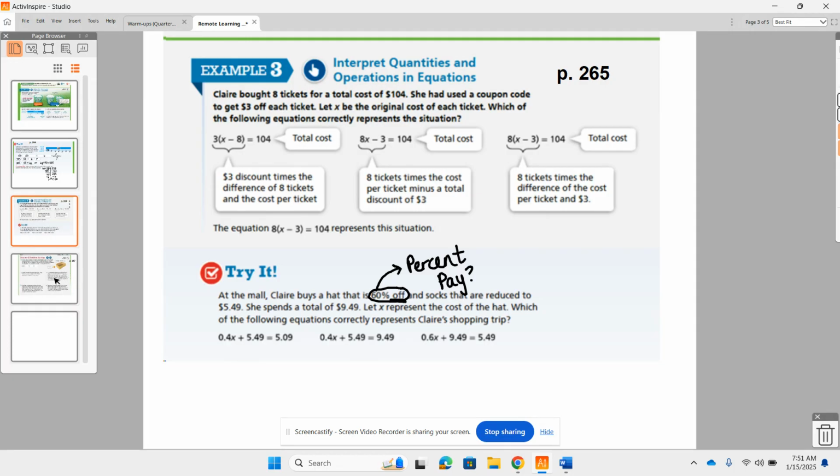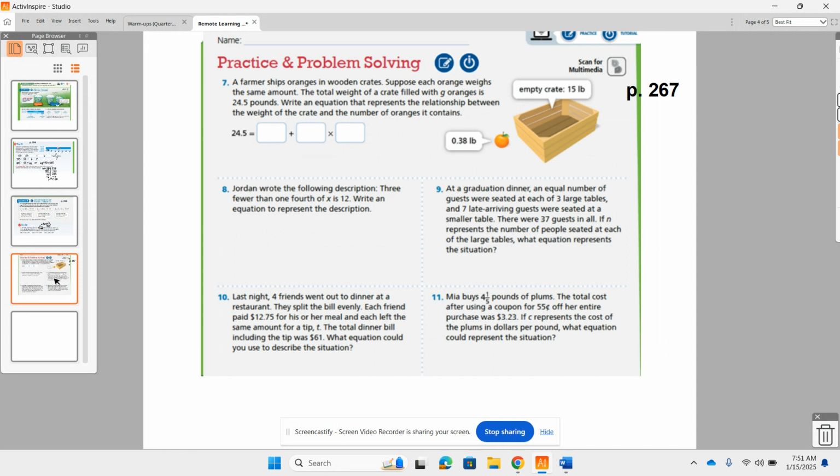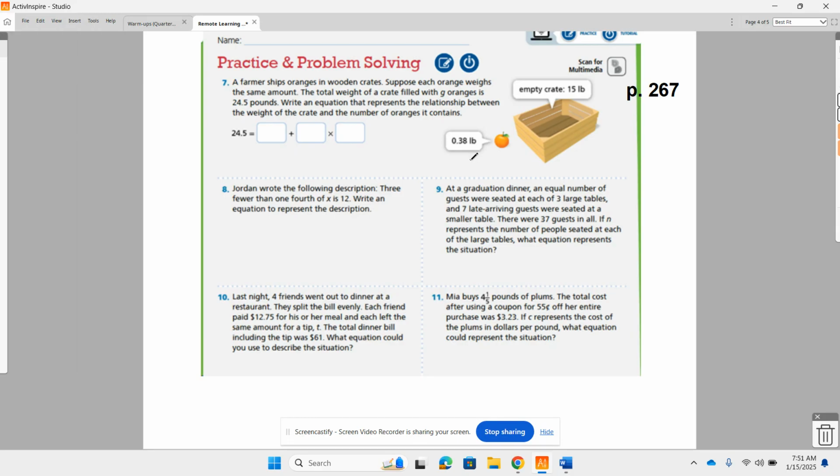Okay, one more thing to help you out. If you take a look at page 267, you've got some challenges with trying to write these equations from real-world context. So one of them, number 10, is going to need some parentheses, in other words, some distributive property. Take a look at this one.